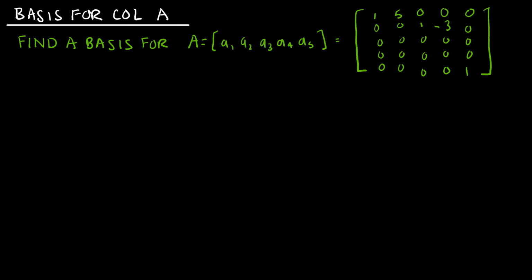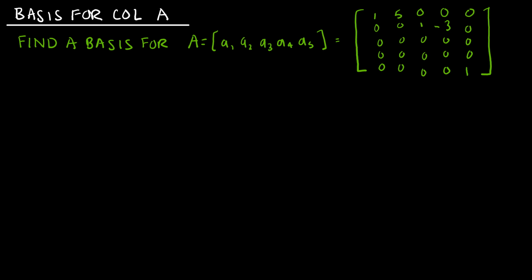One last example for us to look at together: we are looking at the basis for the column space of A. A is this matrix made up of vectors A1 through A5. As you can see, I already have it reduced to reduced row echelon form.